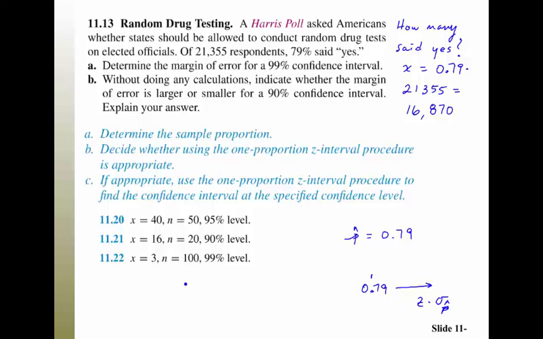We're going to do 0.79 times 1 minus 0.79, divided by n, and take the square root of that. This is the standard deviation of the distribution of sample proportions.